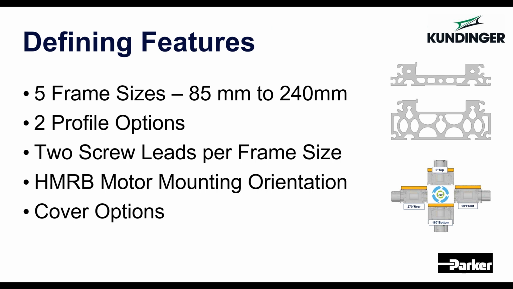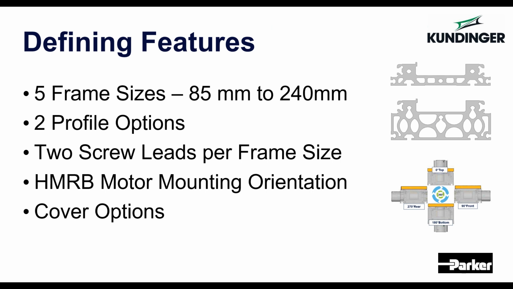But if I change the lead of that screw to make it a faster lead, so 25 millimeters per rev as opposed to 5 millimeters per rev, you're able to get a higher linear speed out of that screw. Now, the coarser lead, meaning the faster linear speed type screw, you do start giving up some of your mechanical advantage. So your trade-off here is that you potentially increase your motor torque.